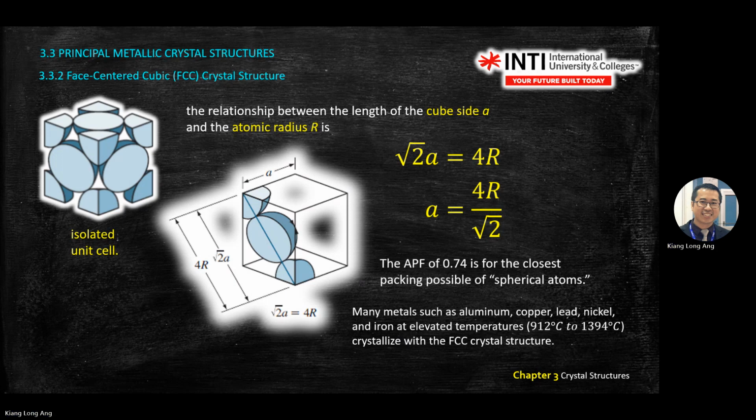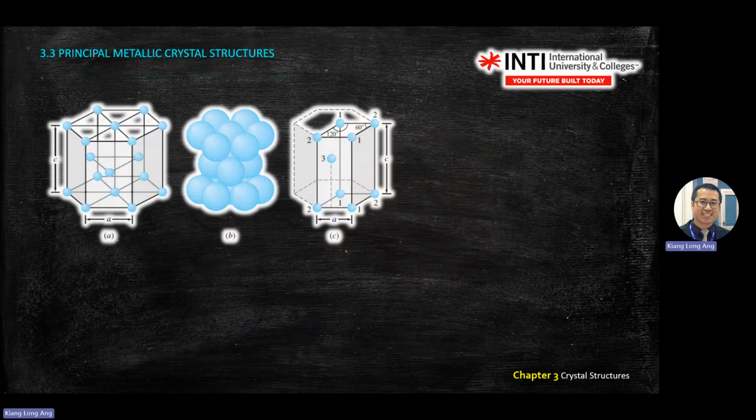Memorize 3 members in the table, because the question normally will ask you to give 3 examples of BCC, FCC, and HCP. Each one give 3. So memorize any 3 from the table just now. Make sense?